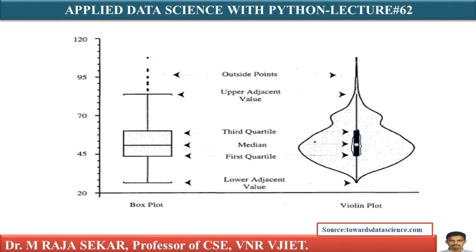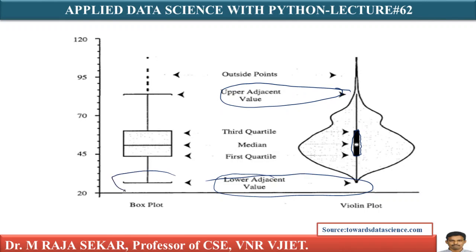The lower and upper adjacent values. This one is upper adjacent value. This one is lower adjacent value. Correspondingly, you can find them in your box whisker plot. In the case of box whisker plots, we used to say these are whiskers, whereas in the case of violin plot, we are saying that this is upper adjacent value and this one is lower adjacent value.